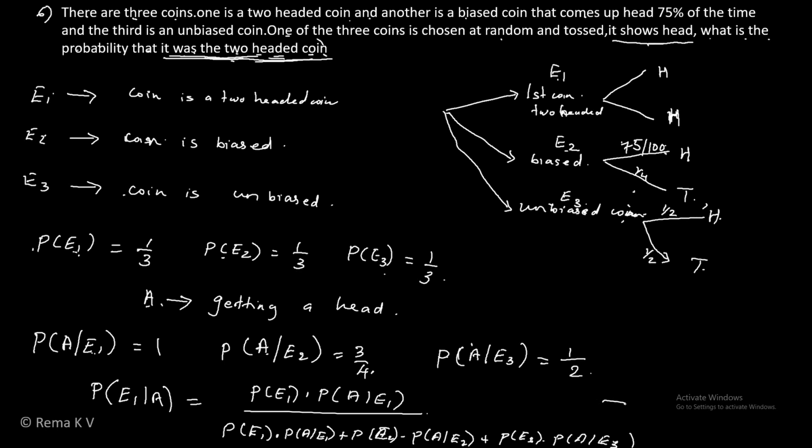Apply the values. All these values are known to us. Probability of E1 is 1 by 3. So 1 by 3 into 1, divided by 1 by 3 into 1 plus 1 by 3 into 3 by 4 plus 1 by 3 into 1 by 2. Simplify and find the answer.